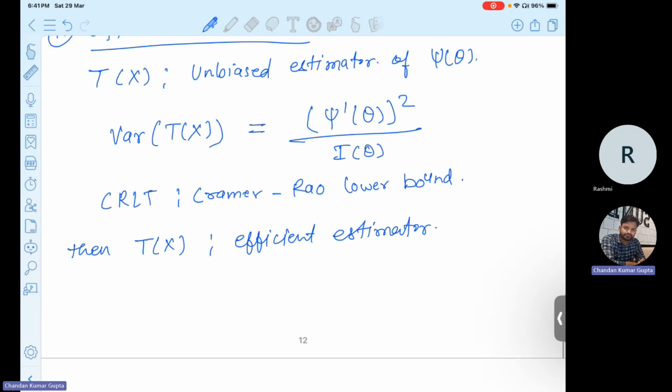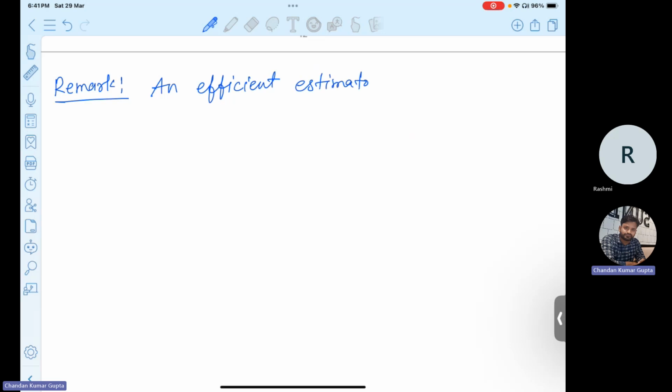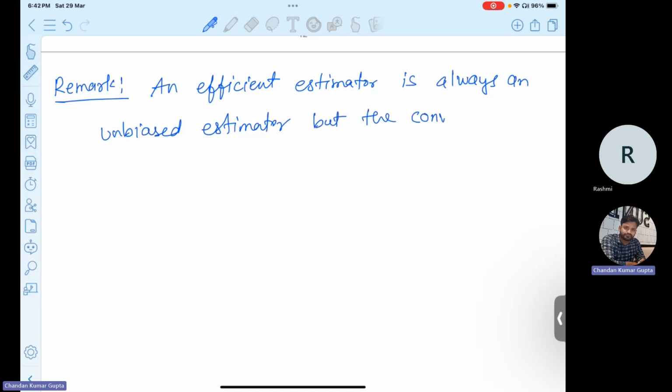We have one remark related to this as well: an efficient estimator is always an unbiased estimator, but the converse need not be true.